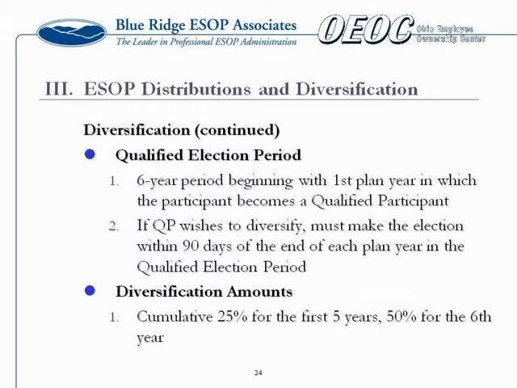The amount that they are allowed to diversify is a cumulative amount, and it's 25% for the first 5 years and then 50% for the 6th year. This would be something that your provider would be tracking and notifying you of, the amount that they are allowed to diversify each year, so you are not going over the 25 or the 50%.